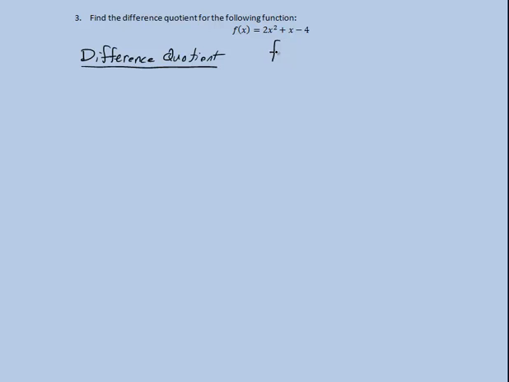The difference quotient is f of x plus h subtracted from your original function, all over the value of h. So here in step one, we are asked to find f of x plus h. Everywhere in f we have an x, we're going to plug in x plus h.